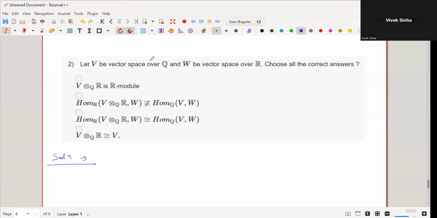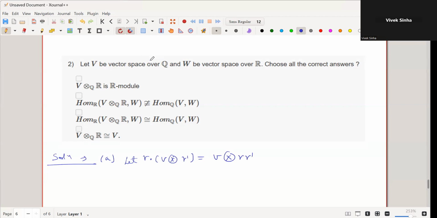That's okay. So for part A, we have to give an R module structure over V tensor Q. So how can we do that? Let R dot v, where v is an element of V tensor Q, and for an element of R, say R dash, we define it to be v tensor R dash.